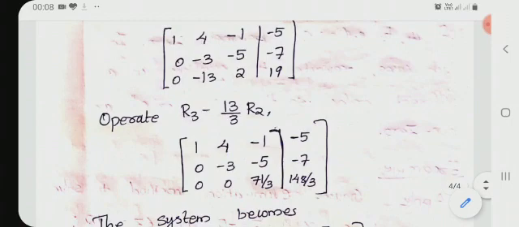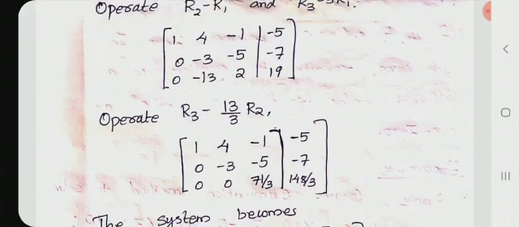Then the matrix becomes: there is no change in the first row and second row. Now the third row changes, the second entry becomes 0, then 71 by 3, 148 by 3.